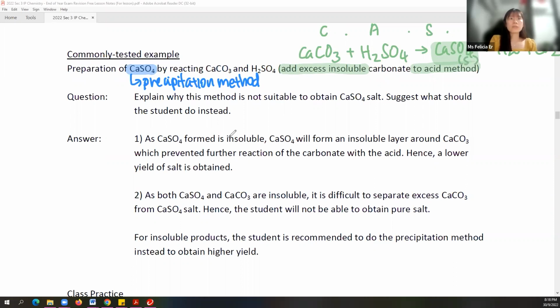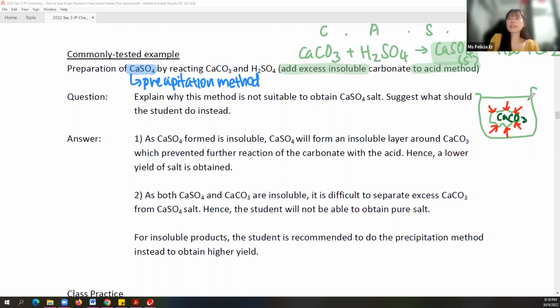So if CaSO4 is insoluble, for example, I have this CaCO3 surrounded with the acid. Usually when the acid molecules react, they react with the surface, correct? Sorry, I read wrong, this powder here is CaCO3.